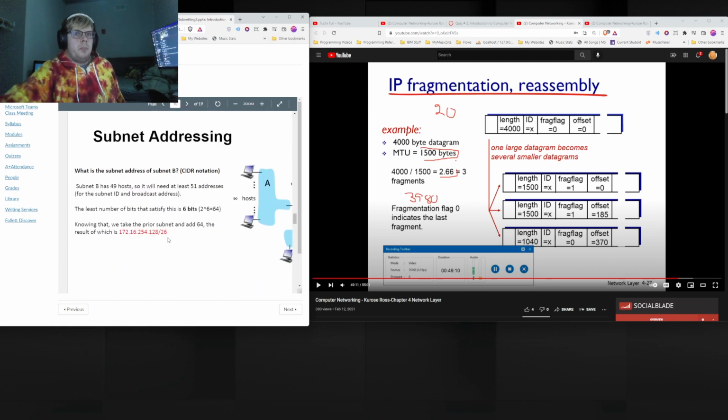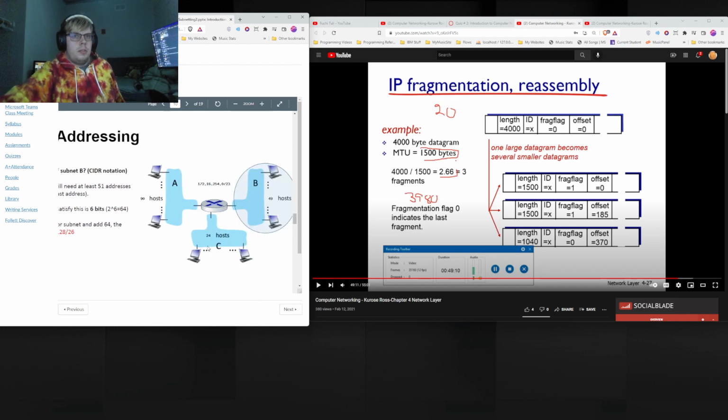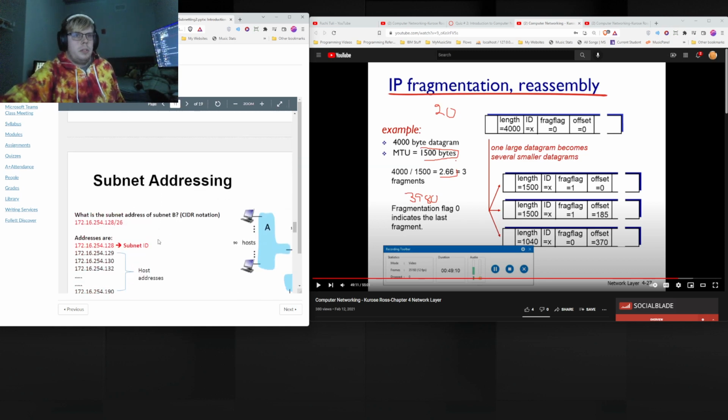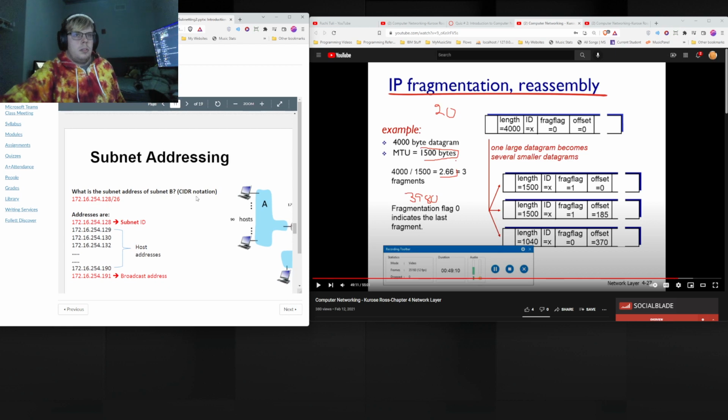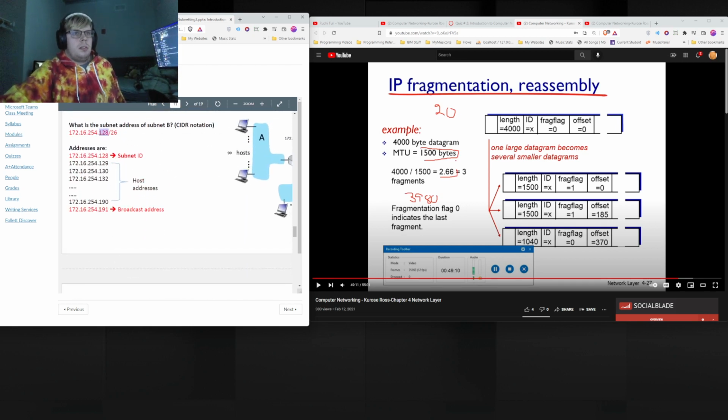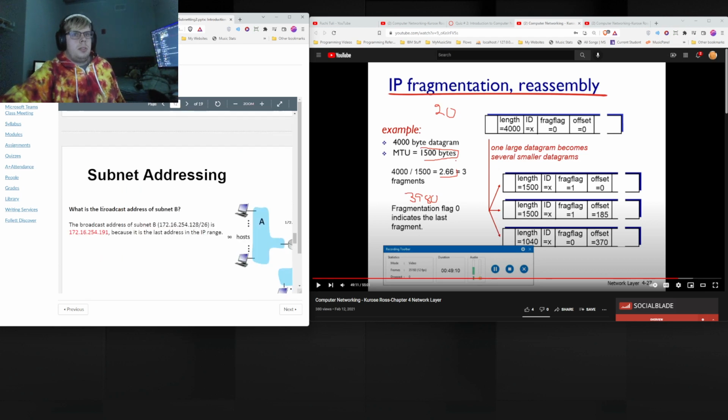The subnet of B, 2 to the 6, 64, because it needs at least, oh wait, that's B, needs 49. Because we are at B, we go past A, so 64 plus 128, what was that, 192? So what is the subnet address? Okay, that's the starting. So that's 191, alright.